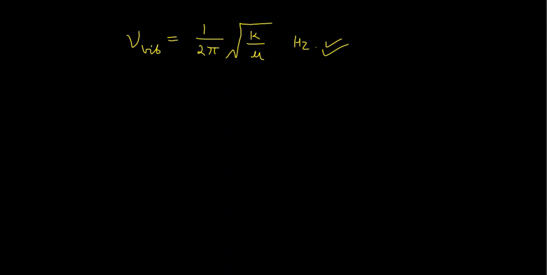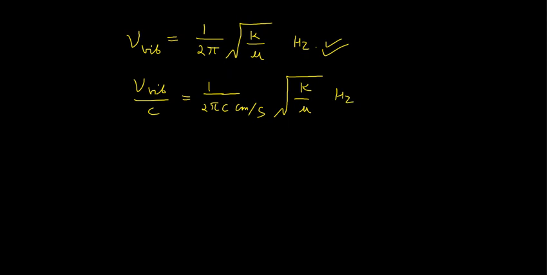So for the centimeter inverse, what we can do, we can divide this nu wave by c, and this is 1 upon 2 pi c. When you put c here, you know c would be in centimeter per second, and here k by mu, which is in hertz.